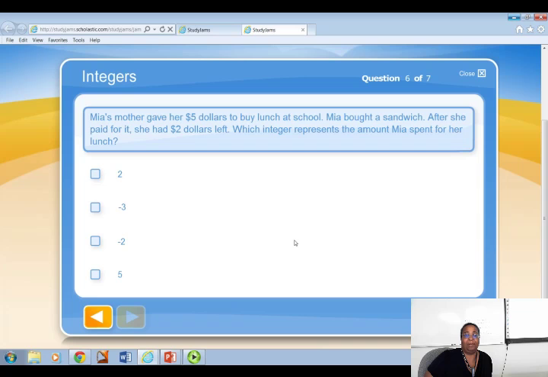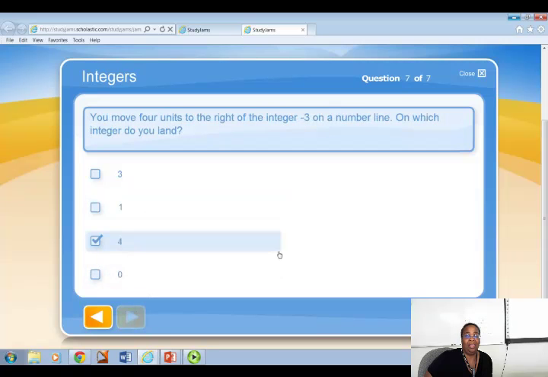Maya's mother gave her $5 to buy lunch at school. Maya bought a sandwich. After she paid for it, she had $2 left. Which integer represents the amount Maya spent for her lunch? You move 4 units to the right of negative 3 on a number line. On which integer do you land?